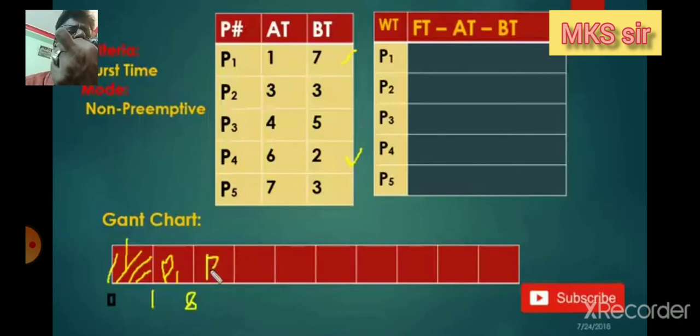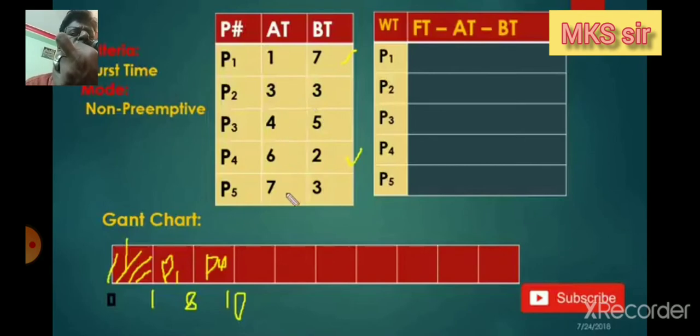The burst time of P4 is smaller than all the other processes, so we choose P4. The burst time required for P4 is 2, so it gets a time interval up to 10 to complete its task. From 8 milliseconds to 10 milliseconds, P4 is allocated and completes its task.